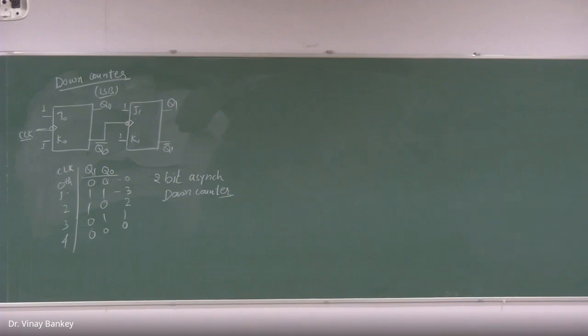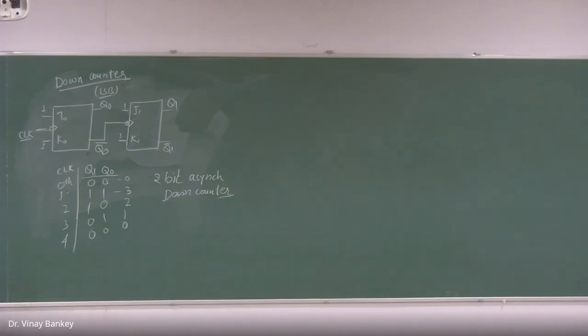Okay, so now it is clear. If I want to count in upward direction in the ascending order, I will connect this Q0 as the clock pulse of the next one. And if I want a down counter, I will connect Q bar as the clock pulse.